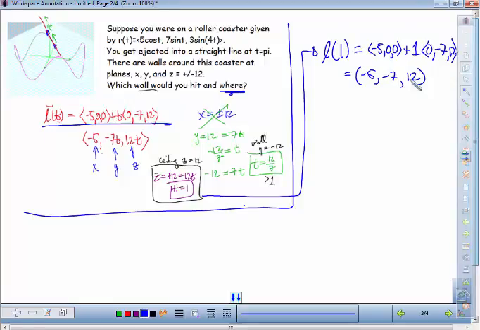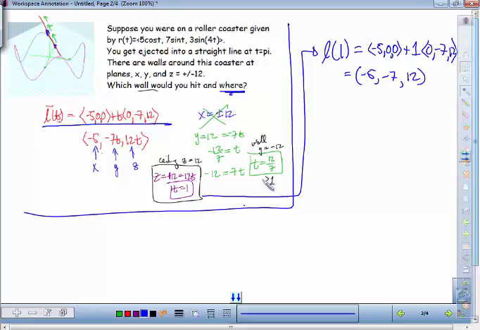Yes? So when we say that it hits the ceiling at that point, is it like the point after the ceiling that it hits the second wall, like y equals negative 12? Well, if it just continues in a straight line, it'll eventually hit the wall whenever t is equal to 12 over 7. I don't know if I understood your question.